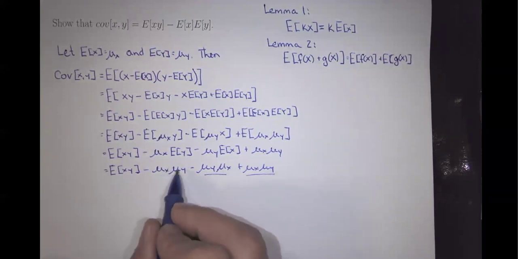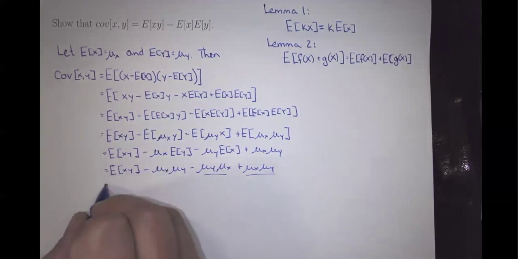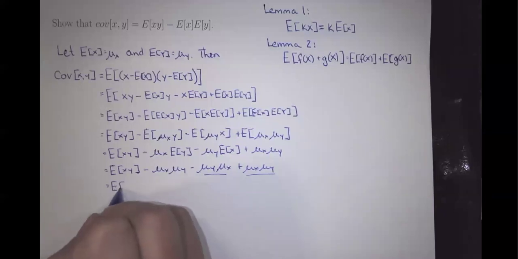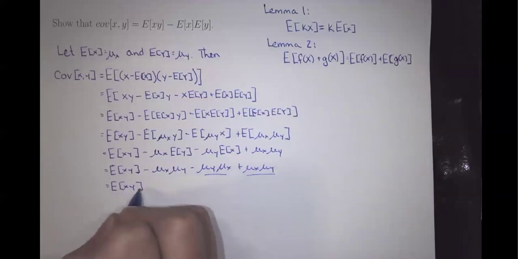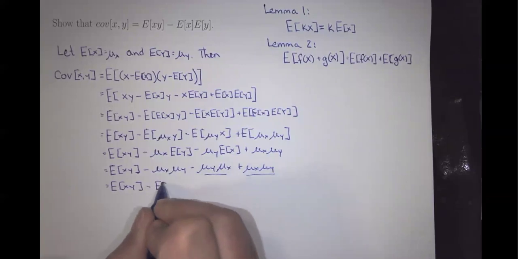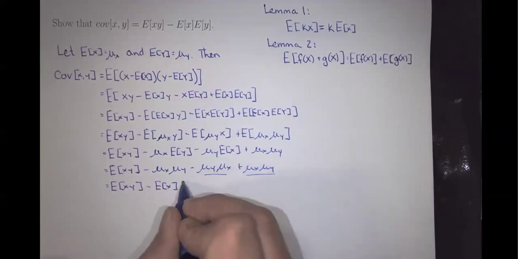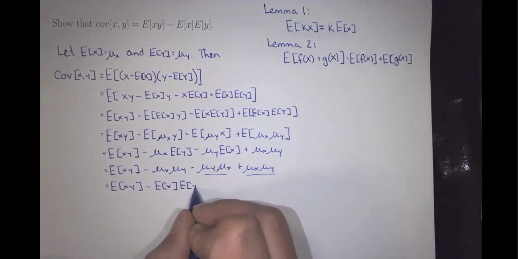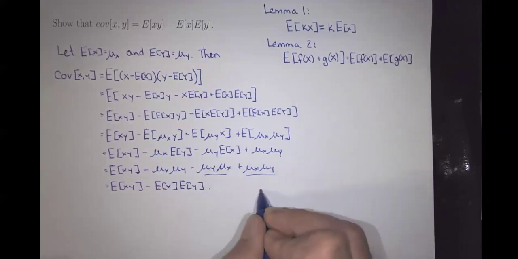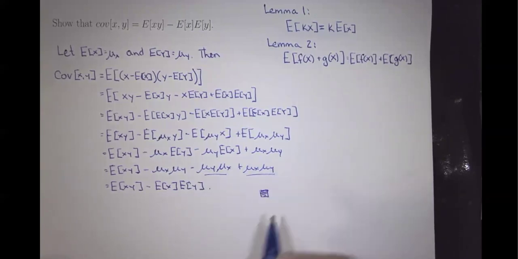So if we switch these guys back to the expected value of x and expected value of y, we've got the expected value of xy minus the expected value of x times the expected value of y. And so we've shown that the covariance is in fact given by that formula.